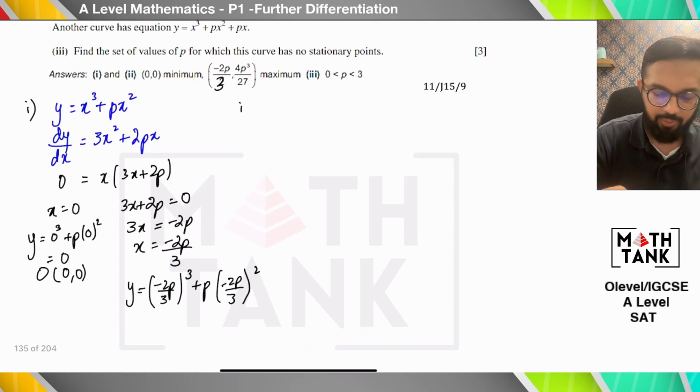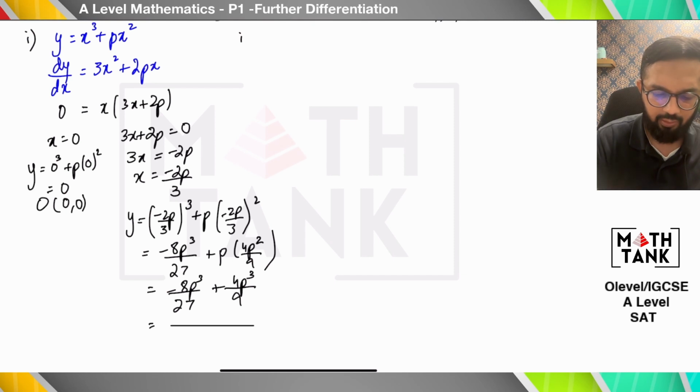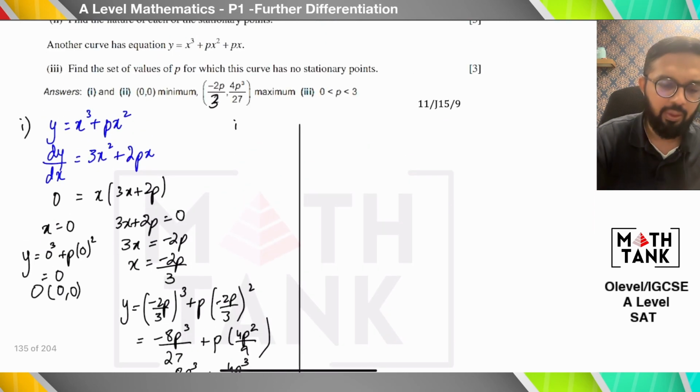Minus 8p cubed over 27 plus 4p squared over 9, minus 8p cubed over 27 plus 4p cubed over 9, over 27, plus 12p cubed. Okay, so that's the y coordinate, and I think that's the right one.